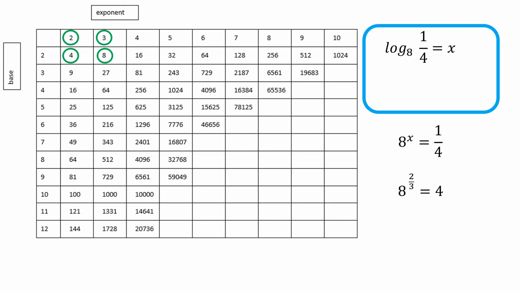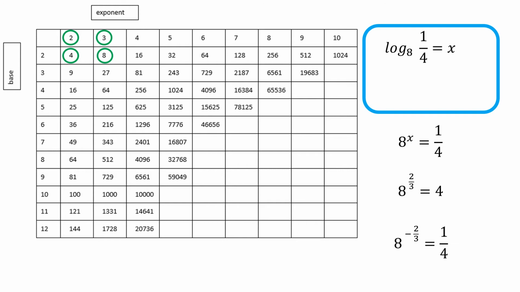Oh, but look at that. It's not 4. I want 1/4. Right? If I just wanted 4, that'd be a piece of cake. 8 to the 2/3 power is 4. But I need the 4 in the denominator of a fraction. So I need an exponent of -2/3. Right? If I take the cube root of 8, that would bring me all the way down to a 2.